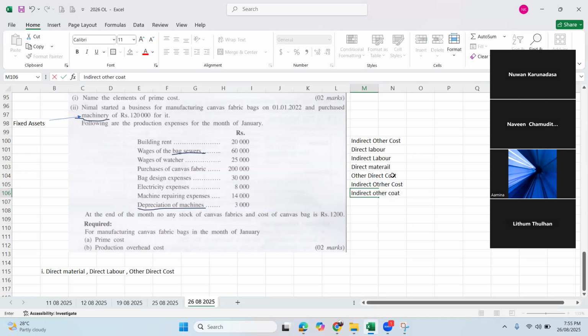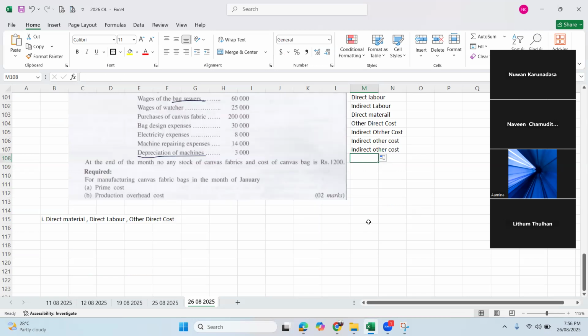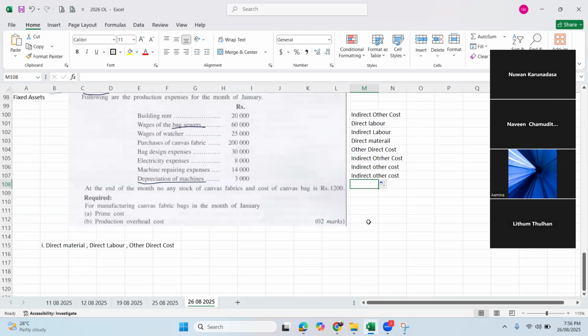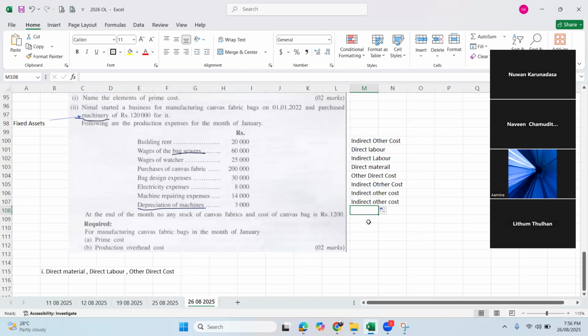Then the depreciation of the machinery, again indirect other cost. They're asking, at the end of the month, there is no stock of canvas fabric and the cost of canvas bag is 1,200.